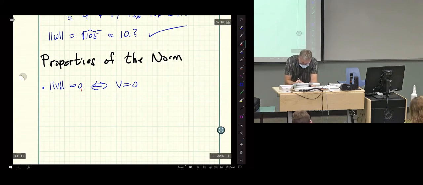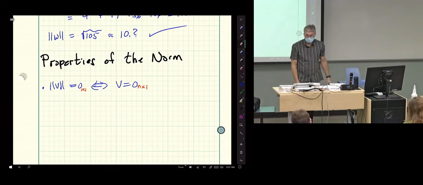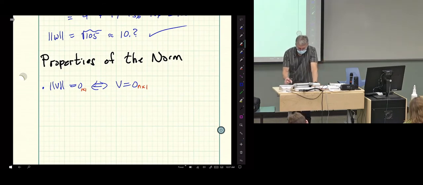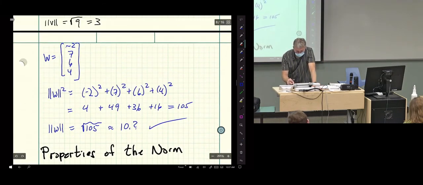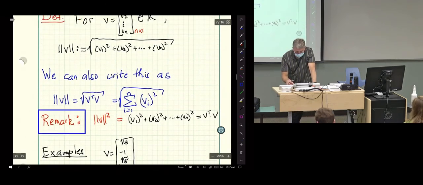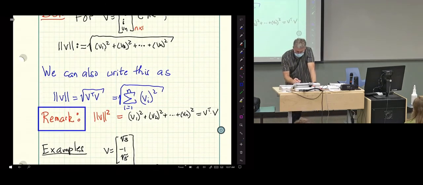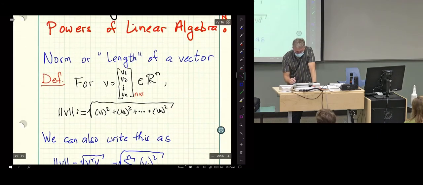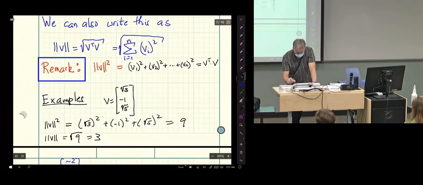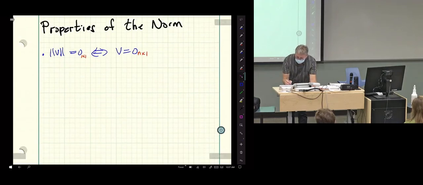Okay, so this is the 0 in the real numbers, and this is the 0 in Rn. That's obvious because you sum up all of the squares of the components, and so the only way that you get this to be 0 is if all of the components are 0, so then you get the 0 vector. So that part is obvious.